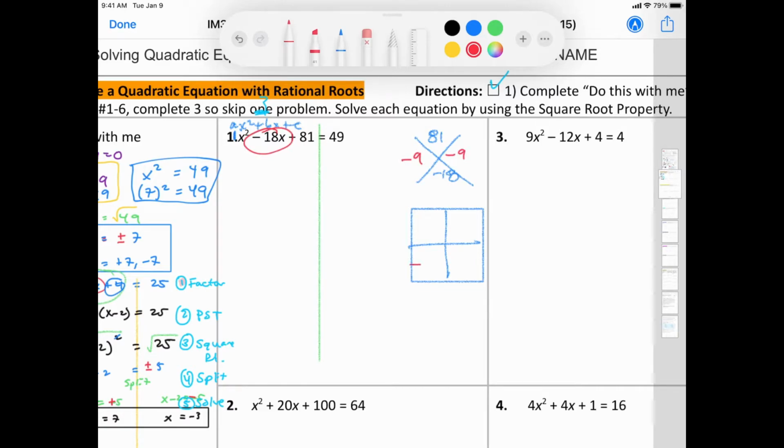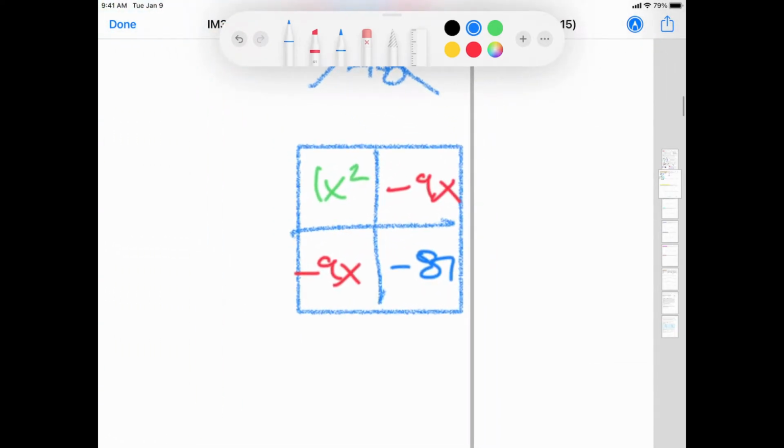It's going to split those two. Always write this one in the front. This one goes in the back. So basically we're just factoring the left side. You can basically leave the 49 on that side out there.